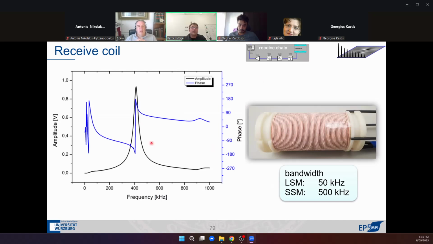So here, as an example, you have an amplitude mismatch or amplitude weighting of this coil, and also the phase changes over the frequency quite dramatically, and you have to get rid of that and correct it.